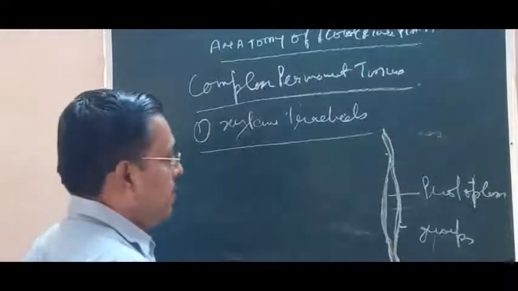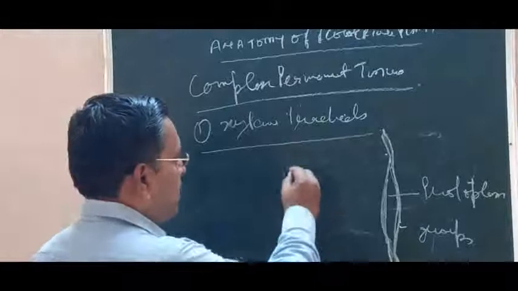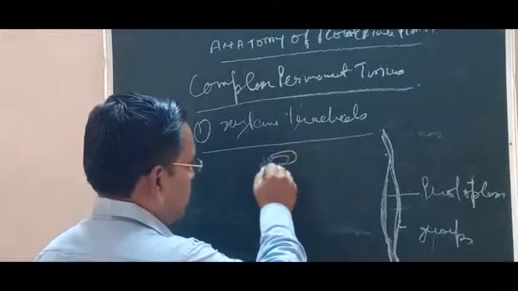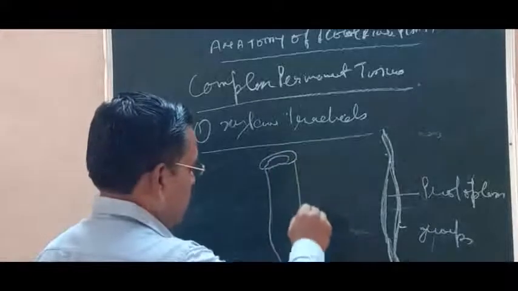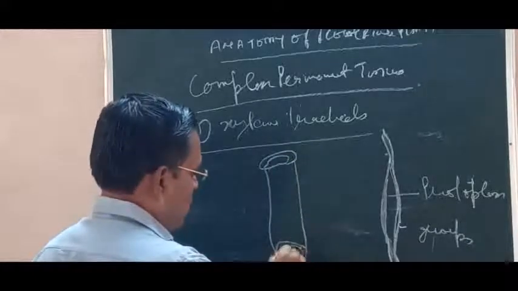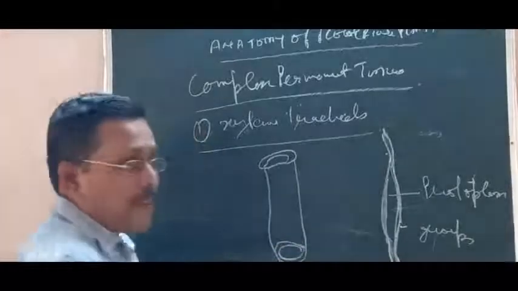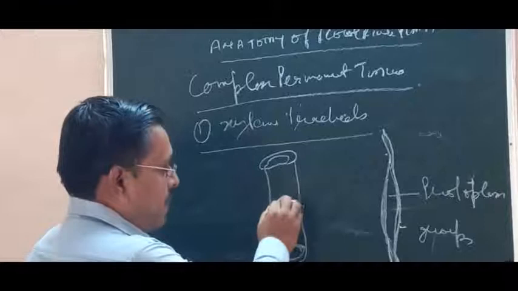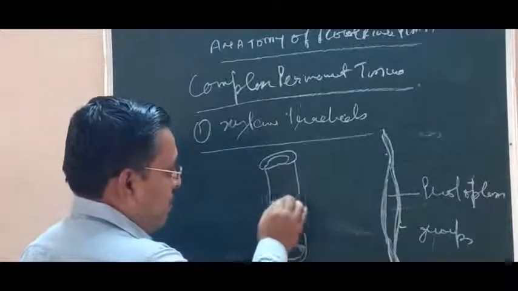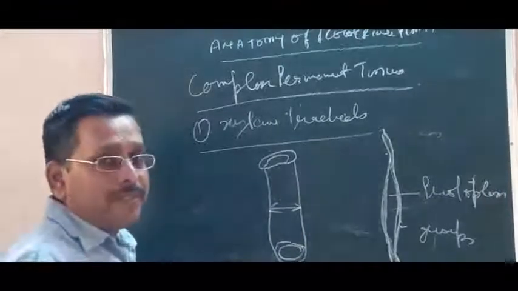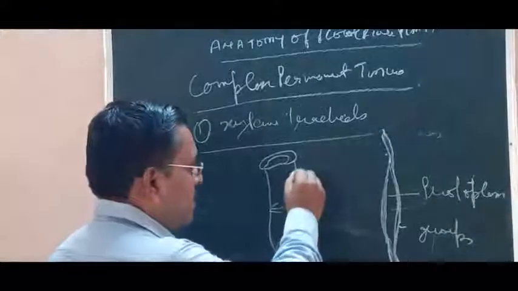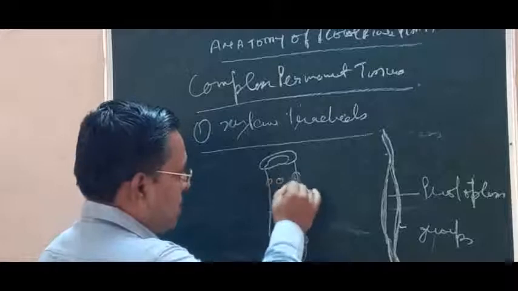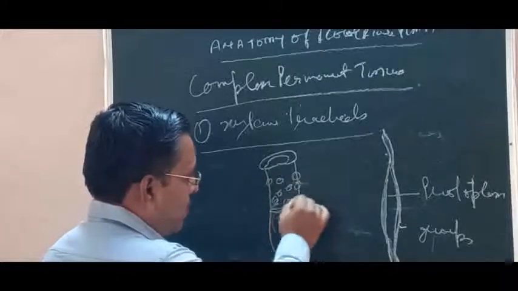While xylem vessels are a kind of cell having a wide cavity. Xylem vessels have perforated walls.